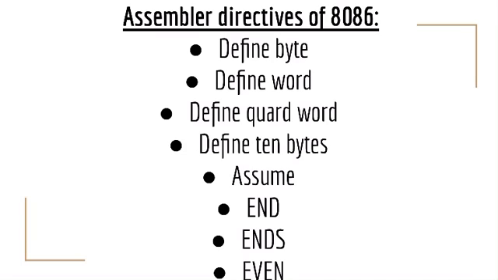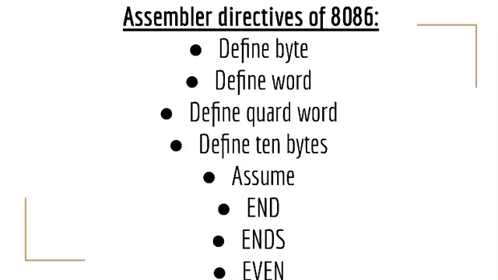Okay. Next we have end of segments, that means ENDS. This directive marks the end of the logical segment. The logical segments are assigned names using the assume directive. So the names appear with the ENDS directive to mark the end of those particular segments.